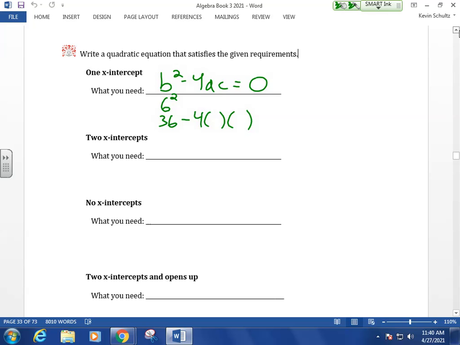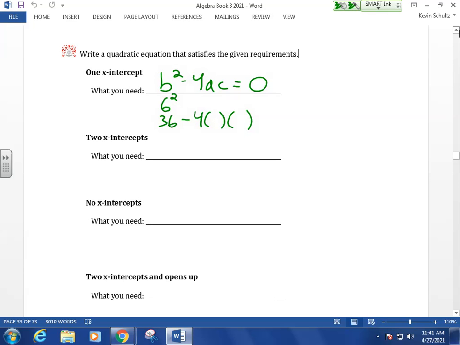Well, just the a and the c part now, because the 4 has to be there. That's part of it. So what value do a and c have to multiply to get, Brent? 9, right? Because 4ac has to equal 36, so that when we subtract that, it's going to equal 0.